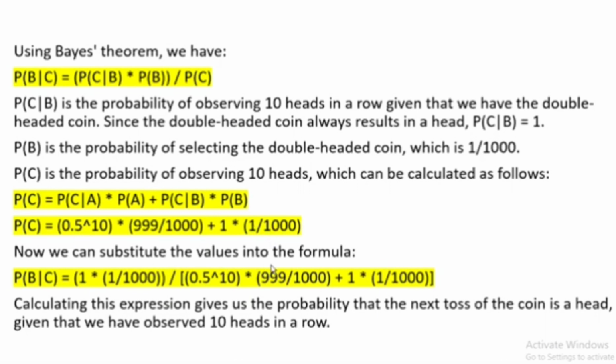Now we can substitute the values into the formula. P(B|C) is equal to 1 times 1 by 1000 divided by 0.5 to the power 10 times 999 by 1000 plus 1 times 1 by 1000. So we can calculate the value of the expression and we will get our answer.